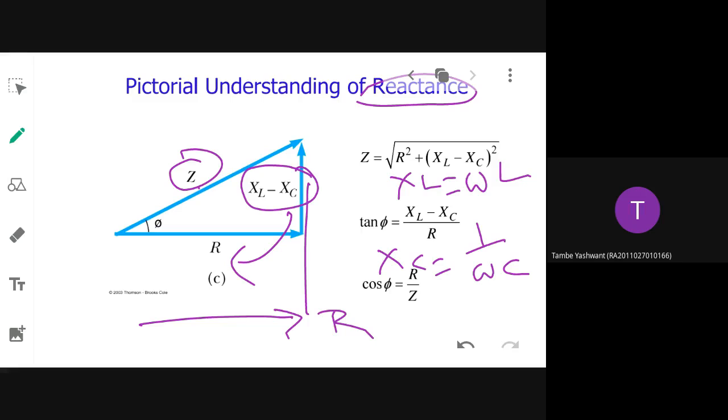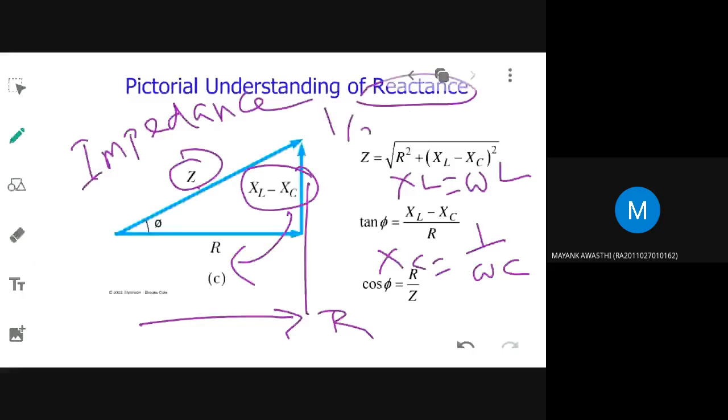R is resistance, X is reactance, Z is impedance. Alright. 1 by Z is called admittance. Okay, understood all these factors? 1 by Z, the reciprocal of impedance, is admittance. Z is impedance, X is reactance, R is resistance.